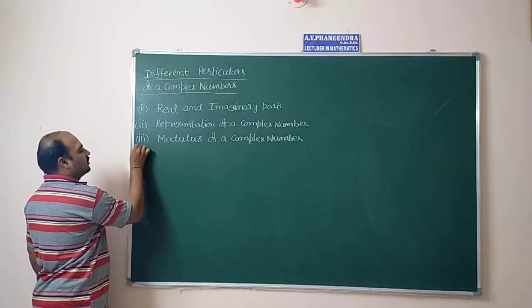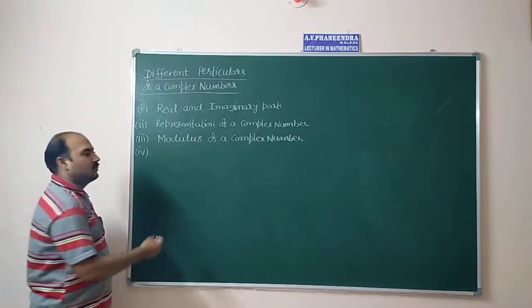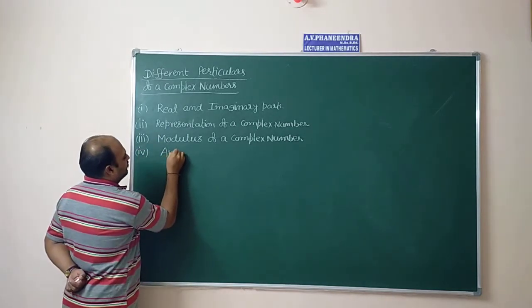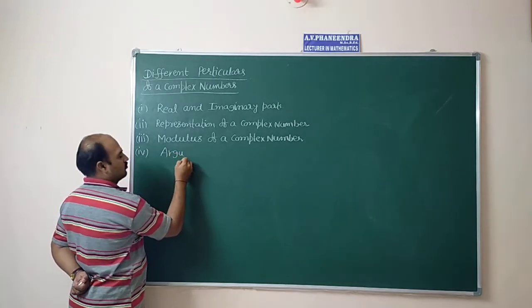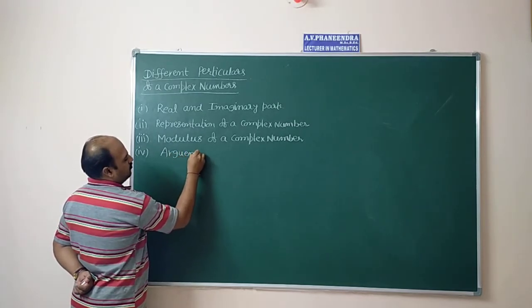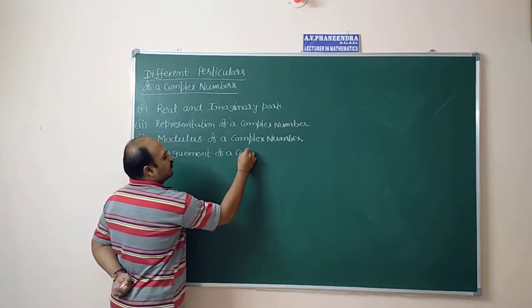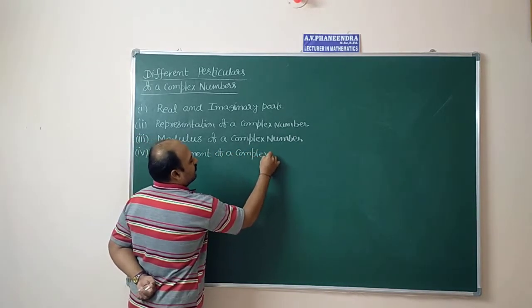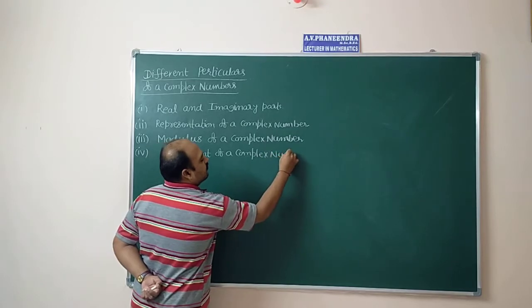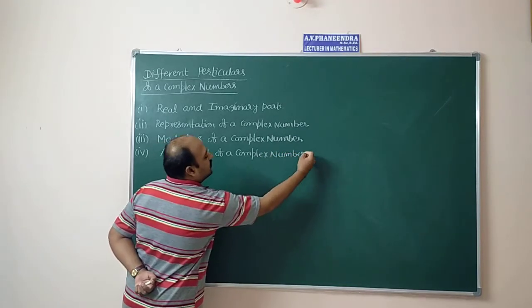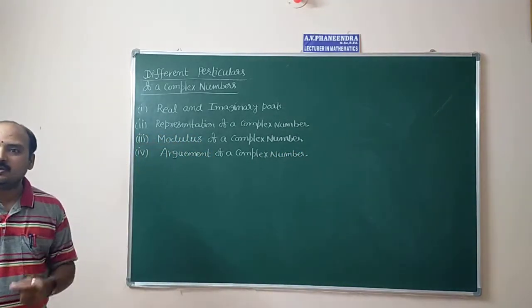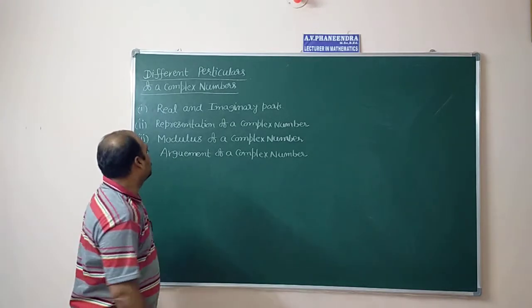The fourth one, argument of a complex number. These are the four important particulars.